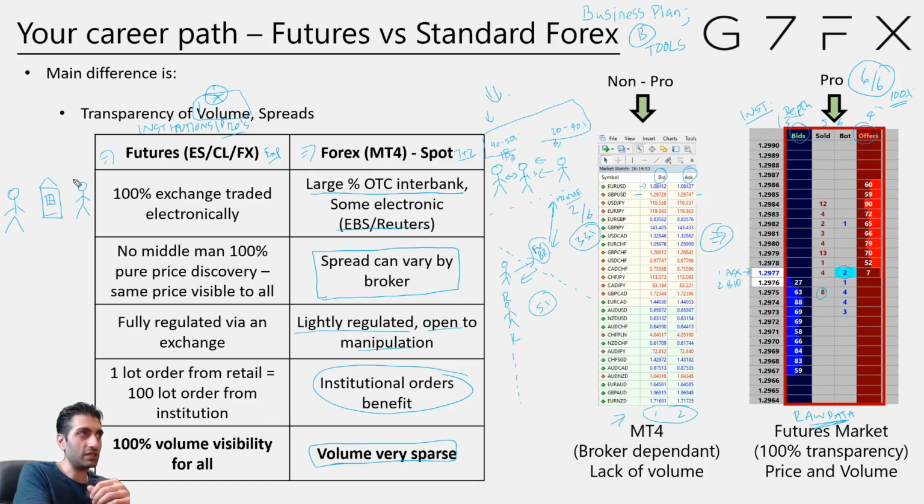Whereas here it's OTC, they're able to transact with each other, and then they'll record their transaction privately. We don't actually see that. They have no obligation to tell the public, oh, this bank has bought a huge amount of pound dollar from this bank. Guys, they don't need to tell anyone that. They can keep that between themselves.